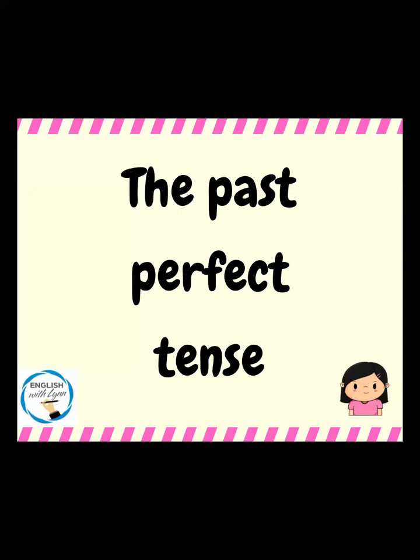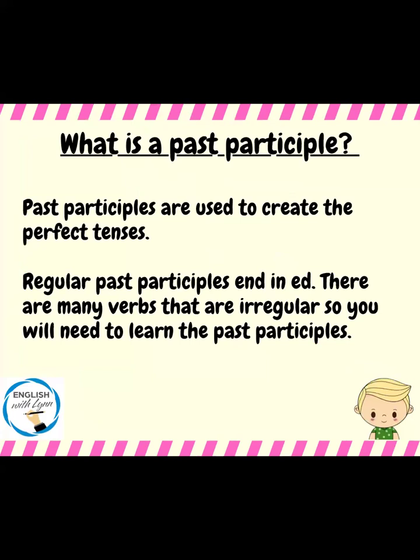To be able to form any of the perfect tenses, you need to be able to create what we call past participles. And past participles are the verb forms that we use when we make the perfect tenses. Now, because English can be a little bit tricky, the verbs are split into two groups.